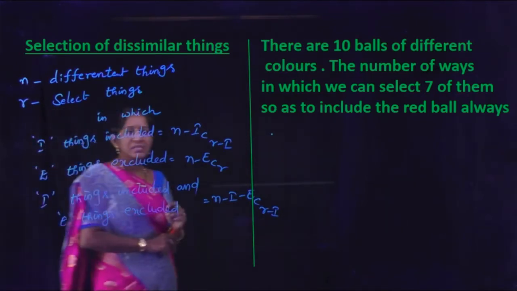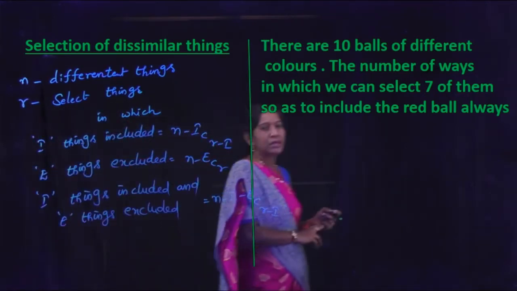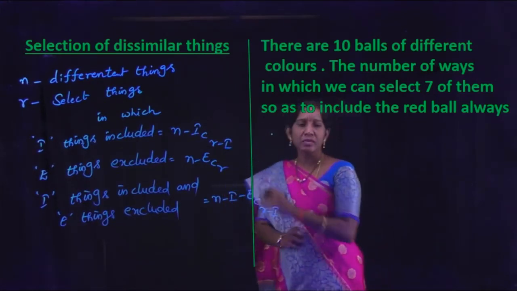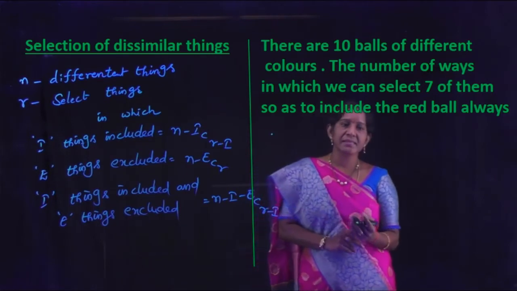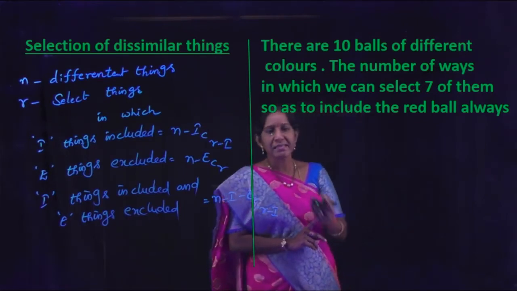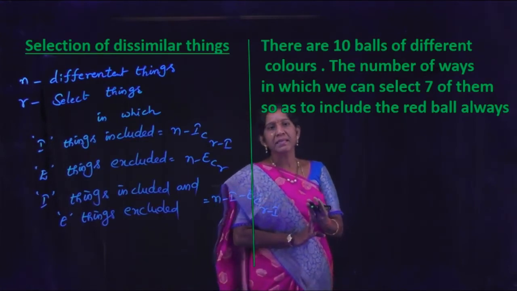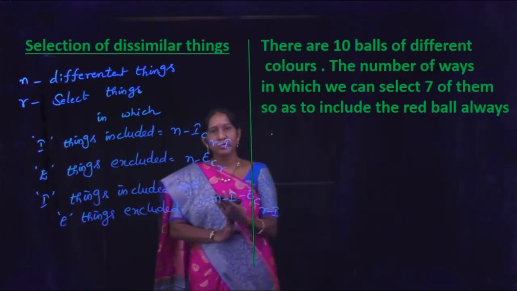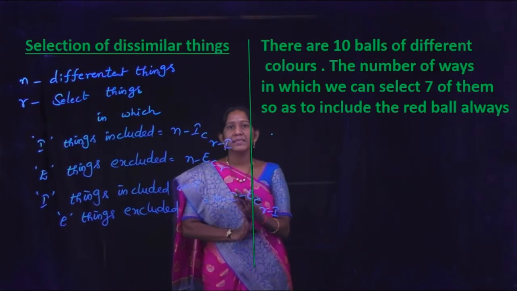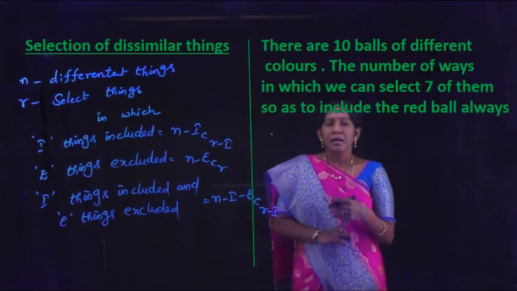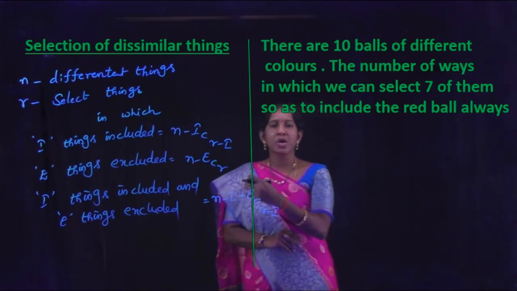Number of ways of selecting r things out of n dissimilar things, in which i things included, (n minus i)C(r minus i). E things excluded, (n minus e)Cr. I things included and e things excluded is (n minus i minus e)C(r minus i). Come to the problems based on this concept.